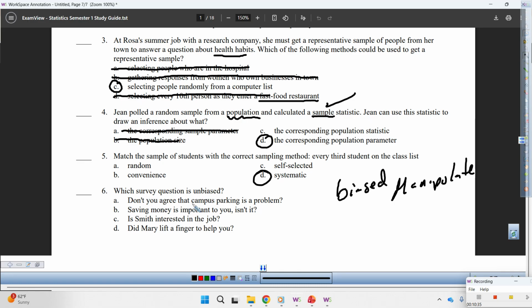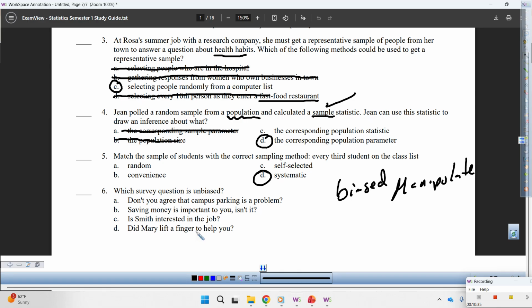So let's see. A, don't you agree that campus parking is a problem? B, saving money is important to you, isn't it? C, is Smith interested in the job? D, did Mary lift a finger to help?